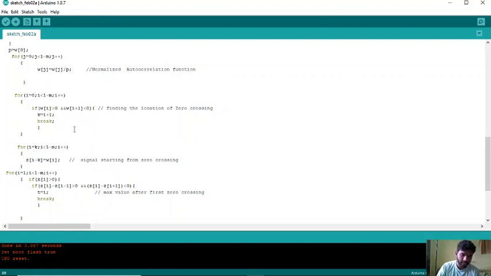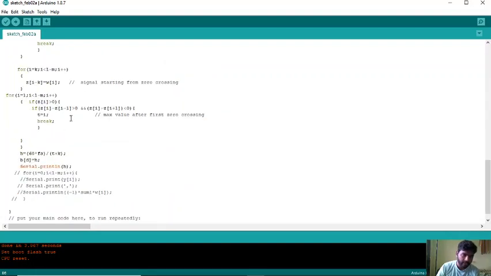That is, after the first maximum we are going to find the first zero crossing, and then we'll take the signal from the first zero crossing to the end, that is z of k.